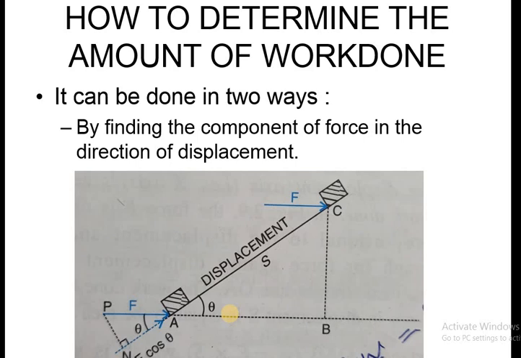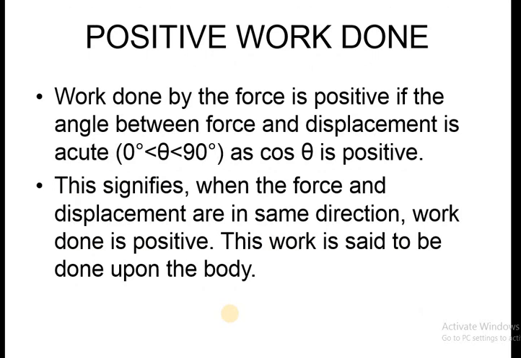Next we will discuss positive work done and negative work done. But before that, I should clearly say that the work done is equal to the product of the magnitude of force, the magnitude of displacement, and the cosine of the angle theta between the direction of force and displacement.